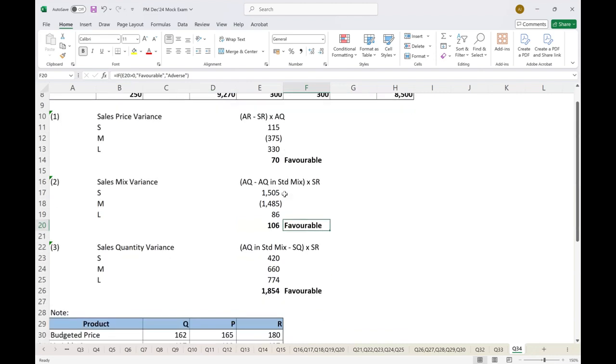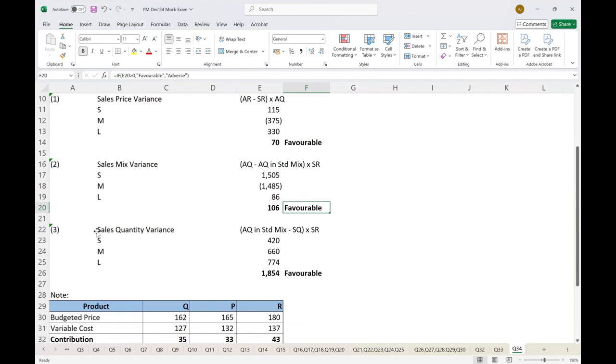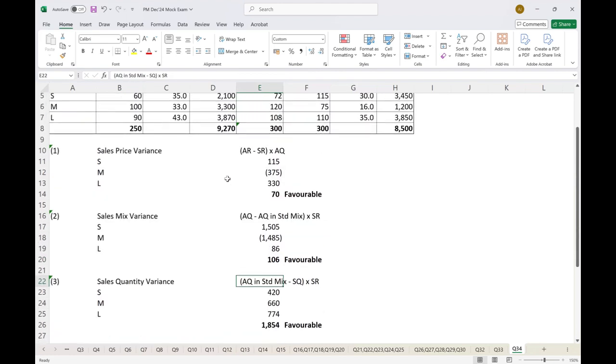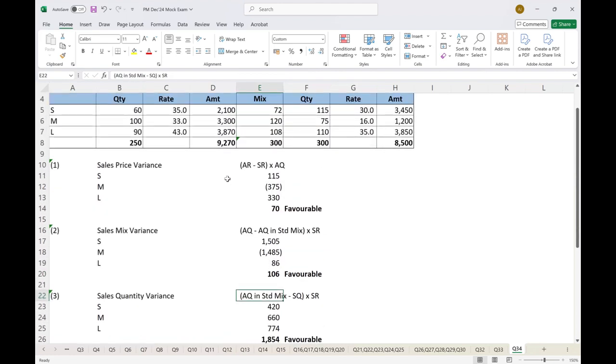And then the last variance, that is sales quantity variance. The formula is actual quantity in standard mix minus the standard quantity. That means what is the variance because of less quantity or more quantity being sold. So actual quantity in standard mix is 72 minus 60 into 35.